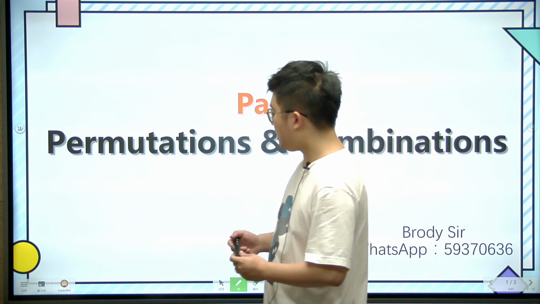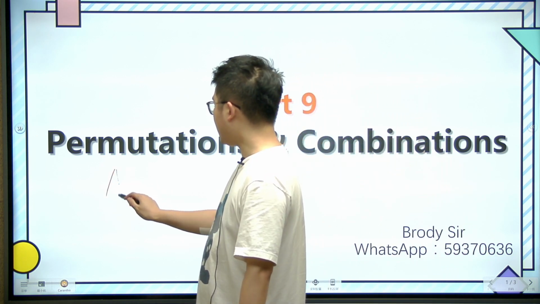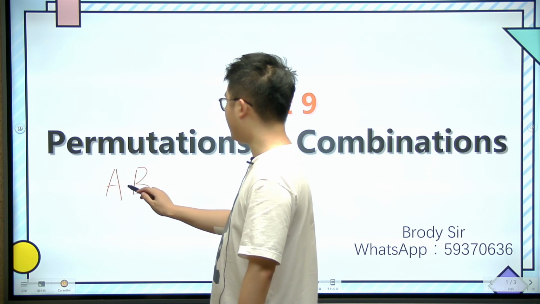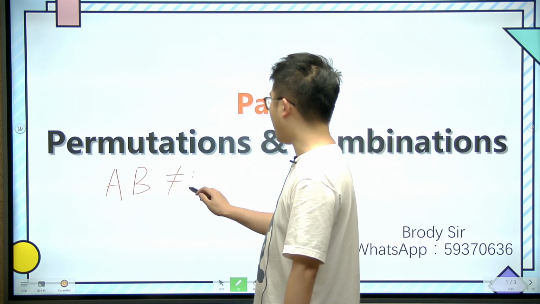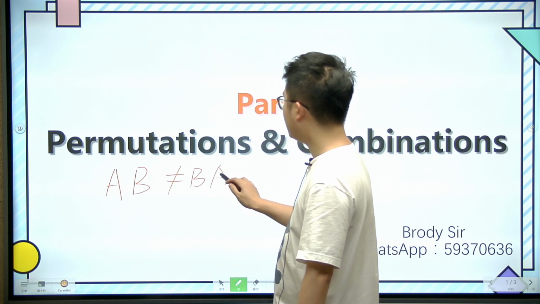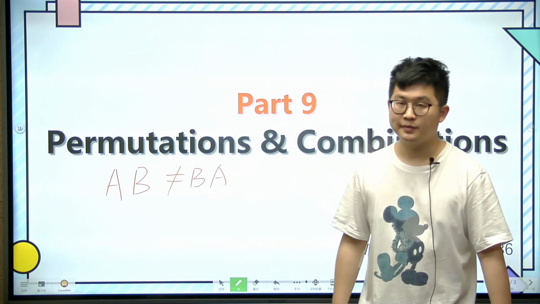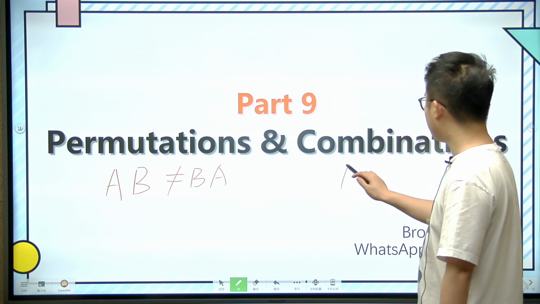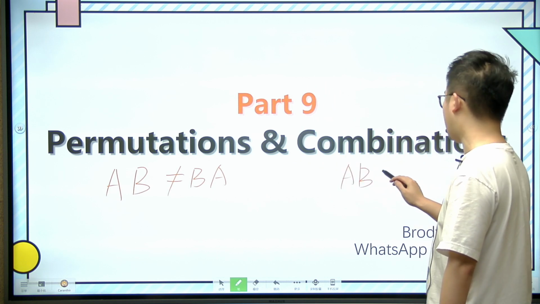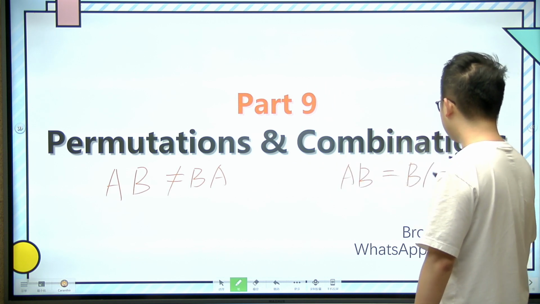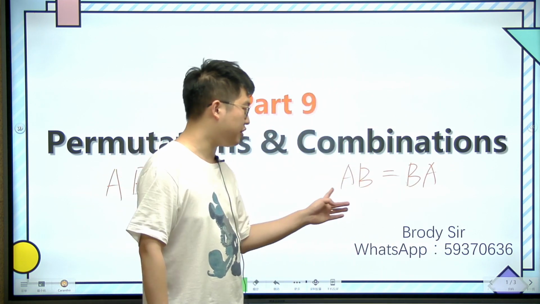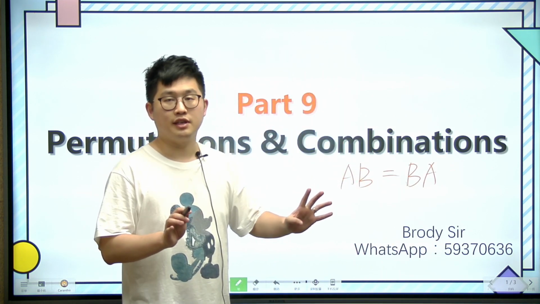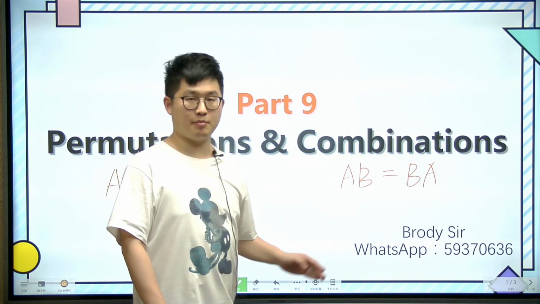If we have A and B, and AB is not the same as BA, then it's permutation. And if AB is the same as BA, which means the order doesn't matter, who stands in front doesn't matter, then this time it's combinations.